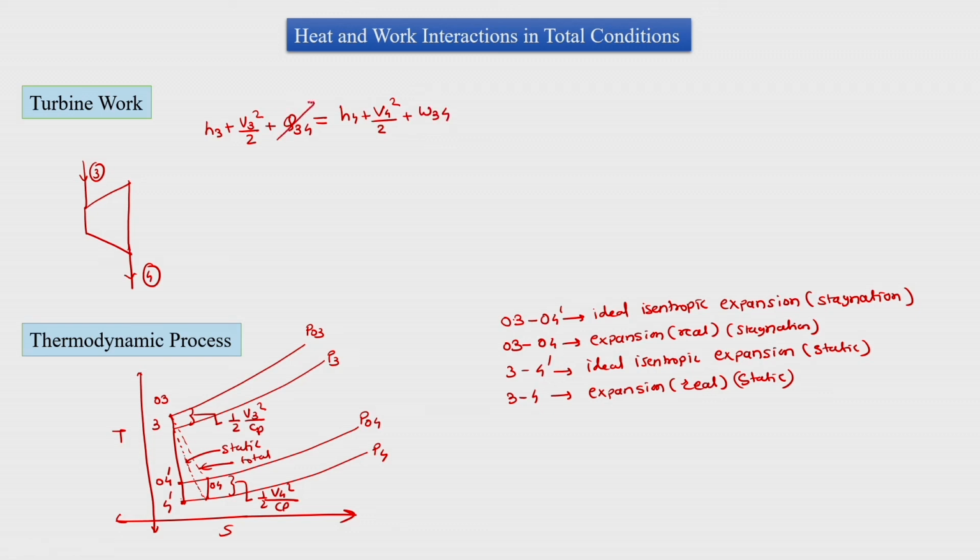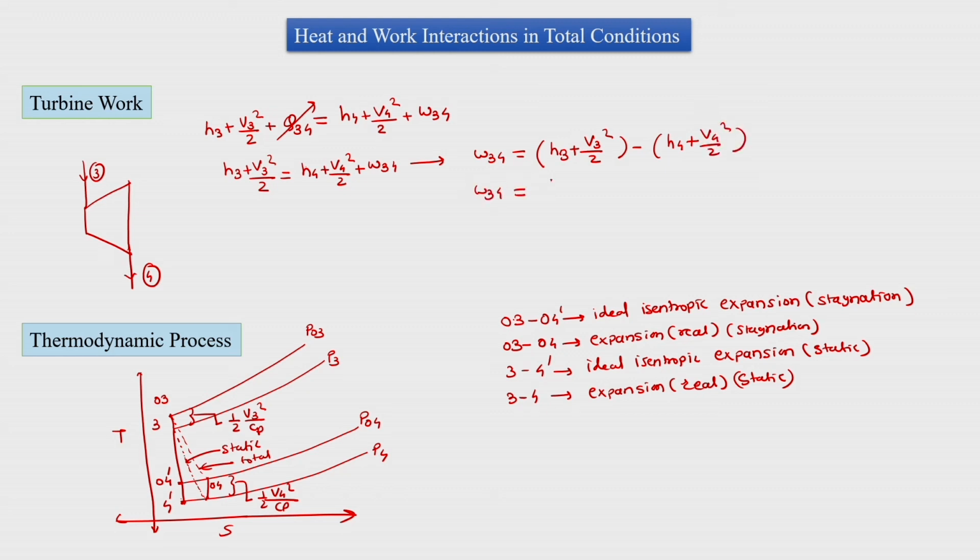But the turbine does not have any heat interaction, so H3 plus V3 square by 2 is equal to H4 plus V4 square by 2 plus W34. So, W34 is equal to (H3 plus V3 square by 2) minus (H4 plus V4 square by 2).